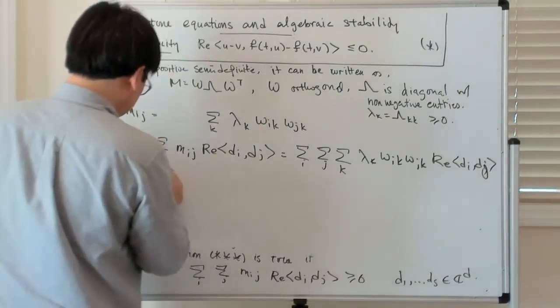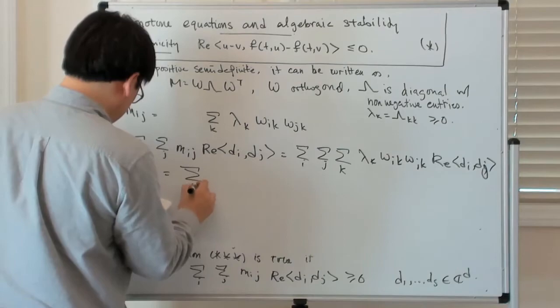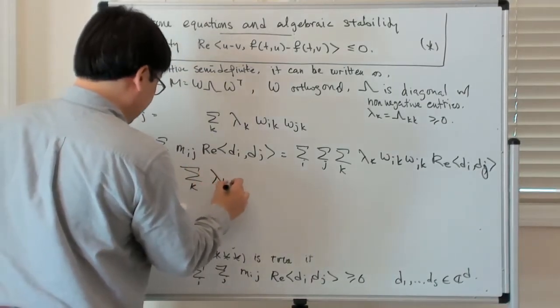And this is nothing more than the sum over k of lambda_k, the real part.